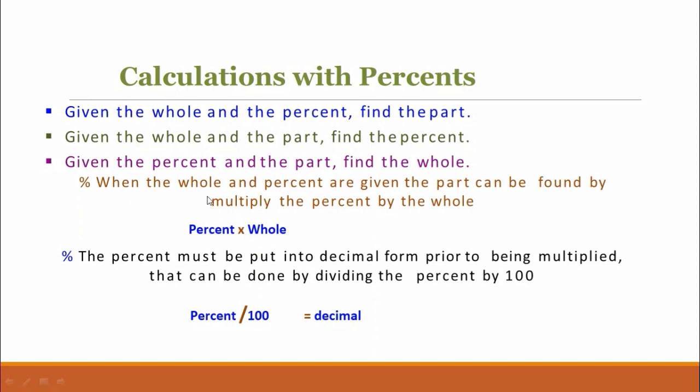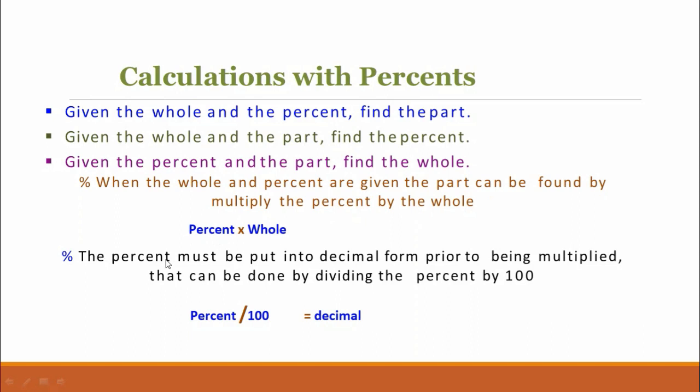When the whole and percent are given, the part can be found by multiplying the percent by the whole. This is the formula for the part. When the whole and the percent are given, the part can be found by this formula: percentage multiplied by whole.